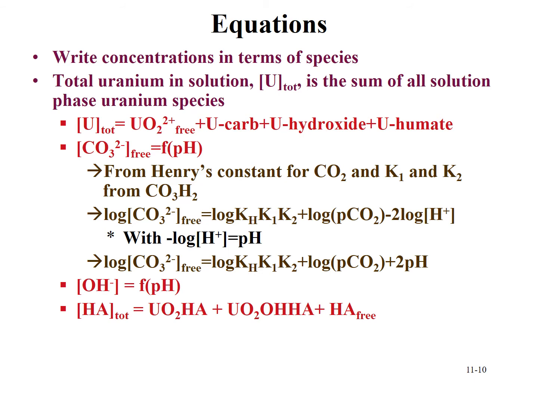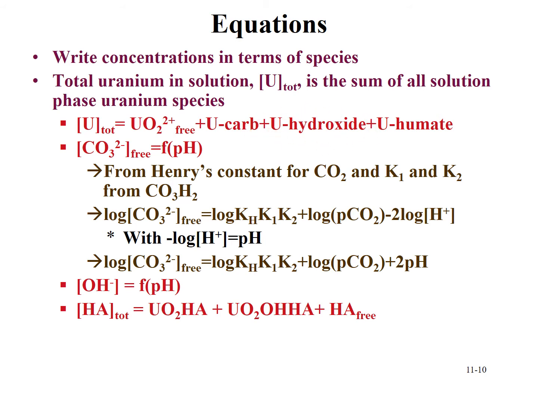Now what we need to do is write our equations. We want to describe the total uranium concentration in solution, which we'll call U total, as the sum of all the uranium solution species. So for example, U total is going to be equal to the amount of free uranium plus the amount of uranium carbonates, and we had a few uranium carbonates, and the uranium hydroxides.